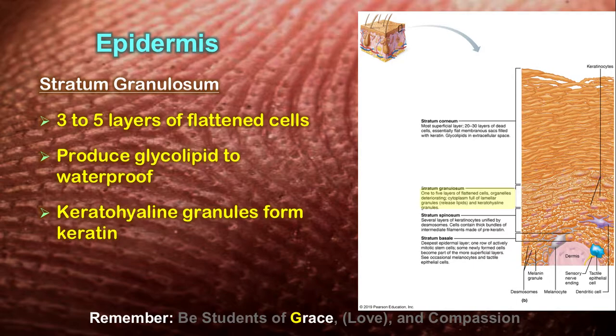They are able, though, to produce a glycolipid that allows them to be waterproof. So lipids, glycolipid is a carb-lipid combination going on here. And that lipid is hydrophobic. It doesn't like water. So it covers your skin in this layer with lipids. It keeps the water inside your body. It helps you not lose it. Okay?